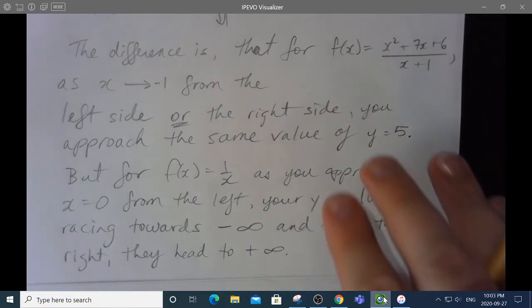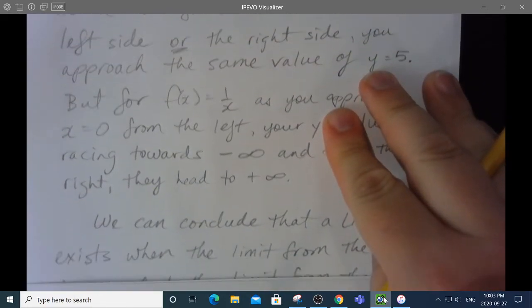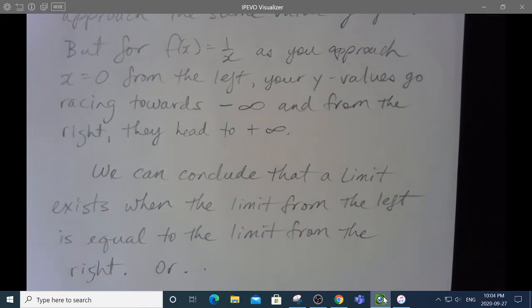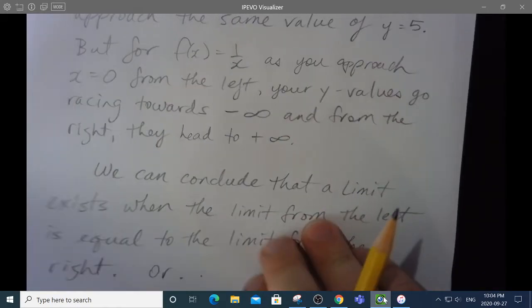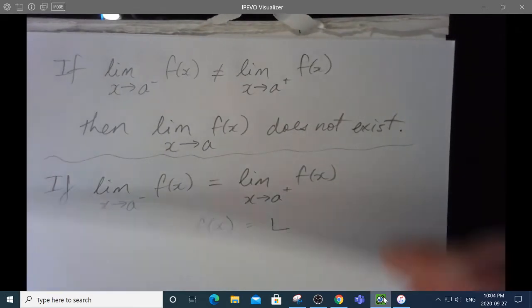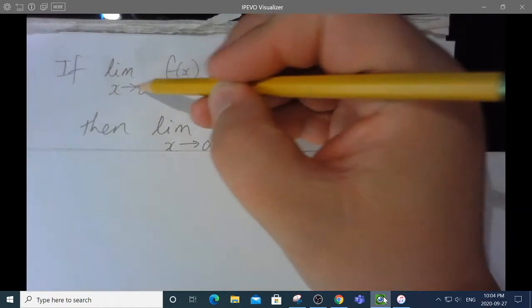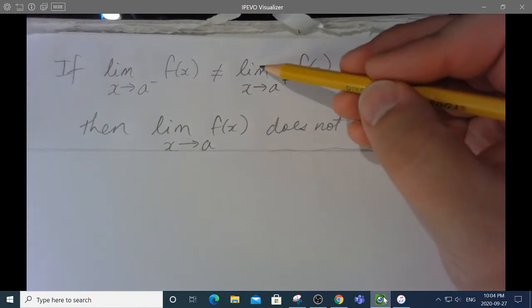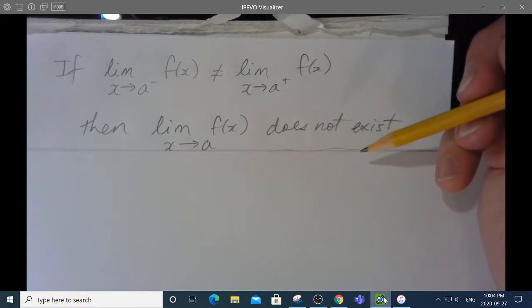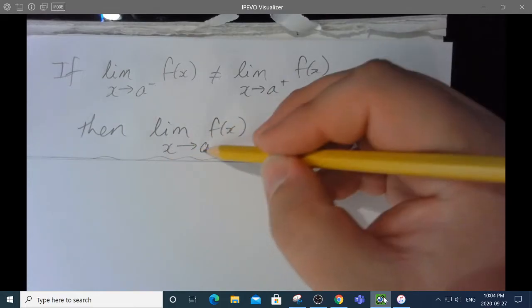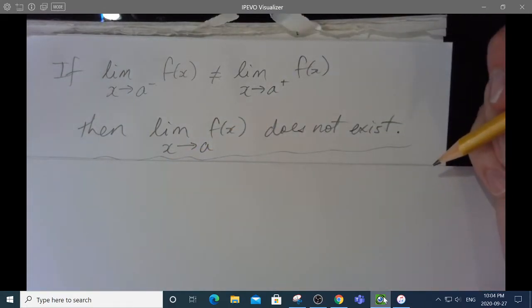So, I can conclude, in the case of our second example here, that a limit exists when the limit from the left is equal to the limit from the right. Or, to put that symbolically, we would say that if the limit as x approaches a from the left of some function is not equal to the limit as x approaches a from the right of the same function, then the limit in general as x approaches a for the function does not exist.